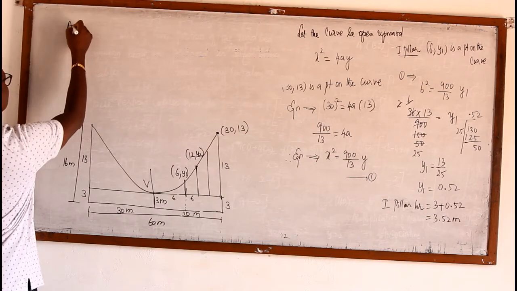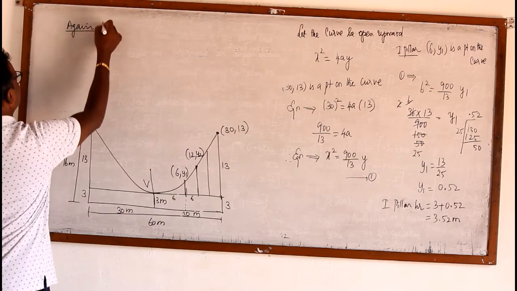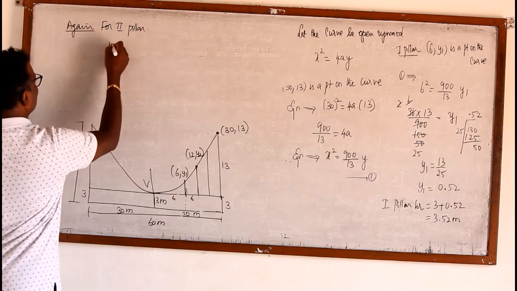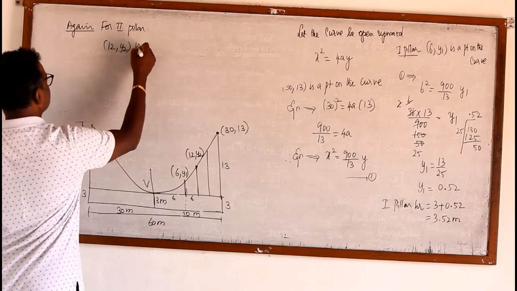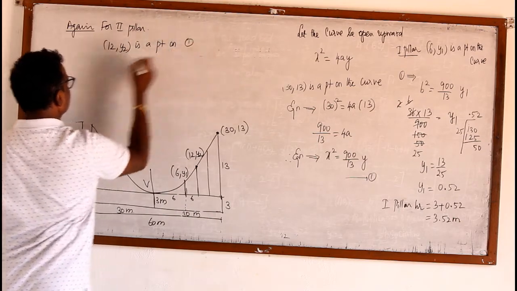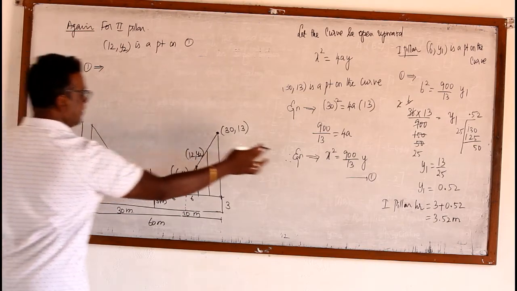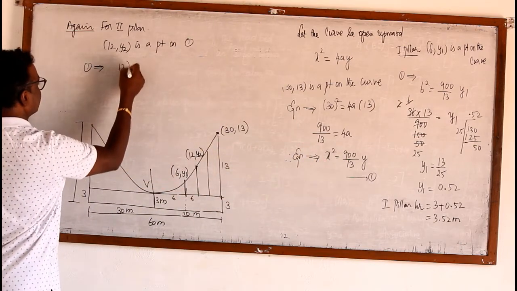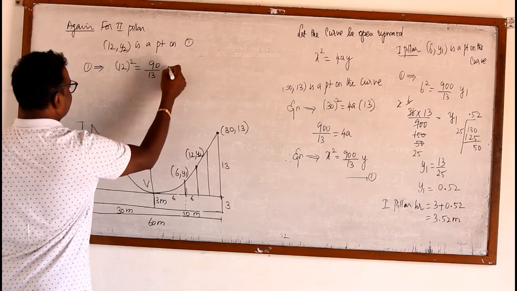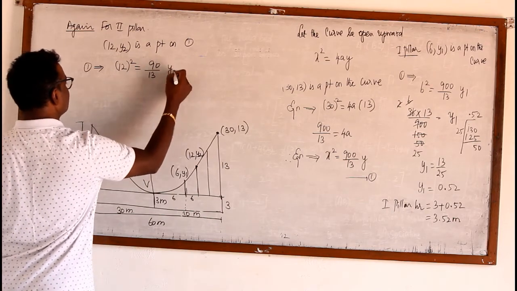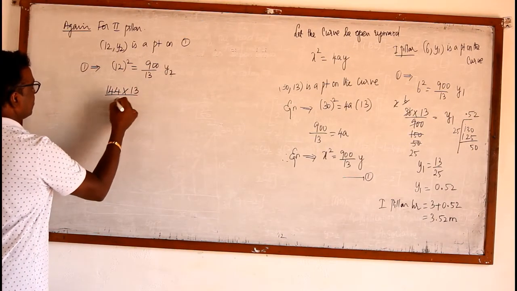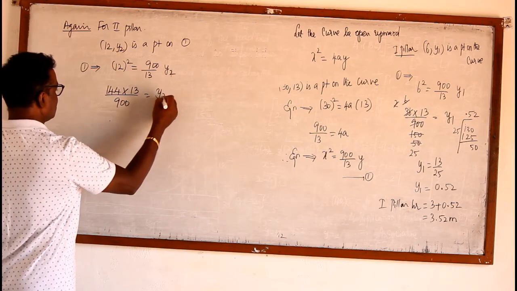Again, for the second pillar, (12, y2) is a point on the first equation. Then in 1, instead of x squared, 12 squared equals 900 by 13 into y2. So it is 144 into 13 by 900 equals y2.